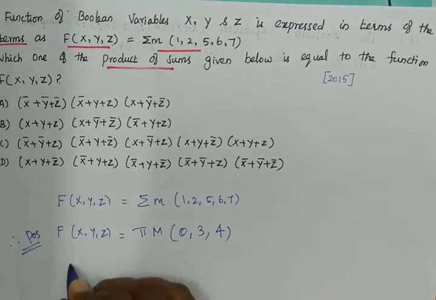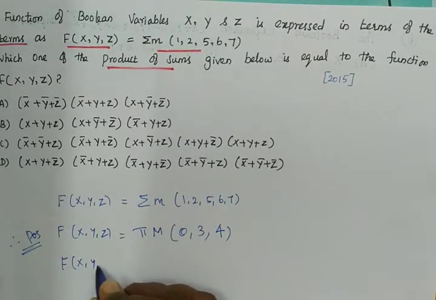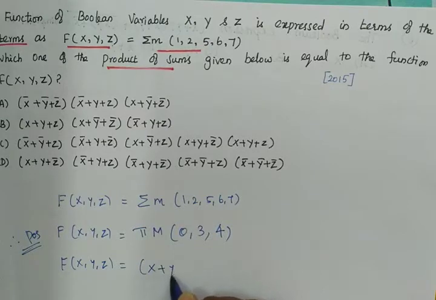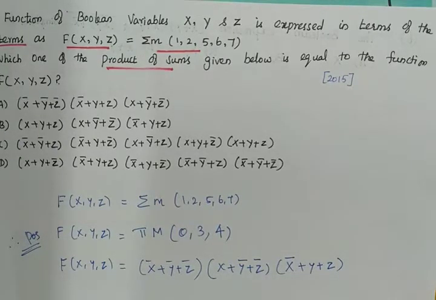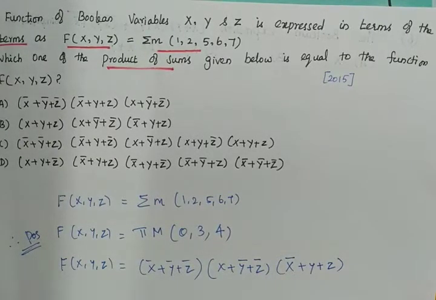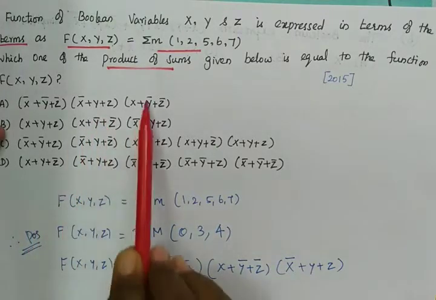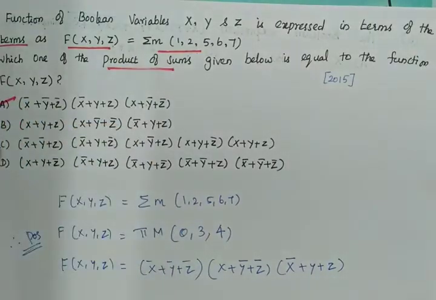So for 0 we can write this as x plus y plus z, for 3 it is x plus y bar plus z bar, and for 4 it is x bar plus y plus z. So what is the answer here? f of x, y, z is equal to (x plus y plus z) into (x plus y bar plus z bar) into (x bar plus y plus z). This is the answer for this question.